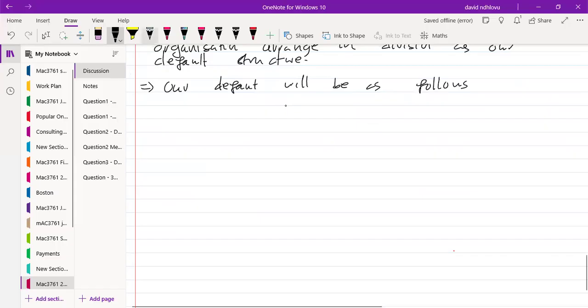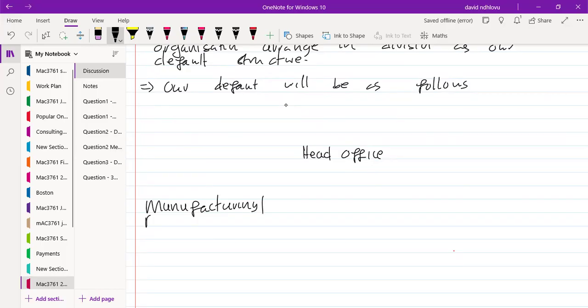Obviously, when you have an organization that is arranged in divisions, you will have the head office. Then we have the manufacturing division, also known as the factory, also known as the production division. So these names are interchangeable. Manufacturing, factory, and production division talk about the same thing.